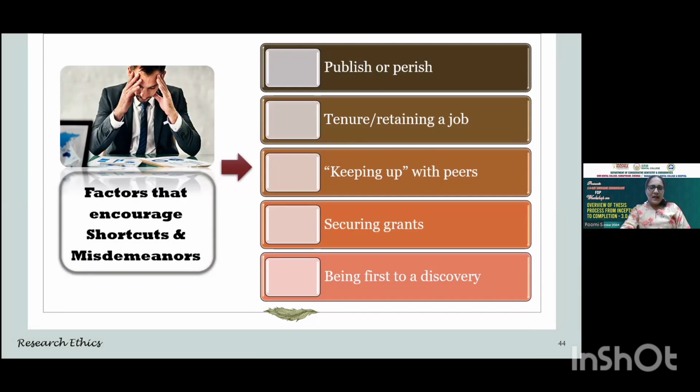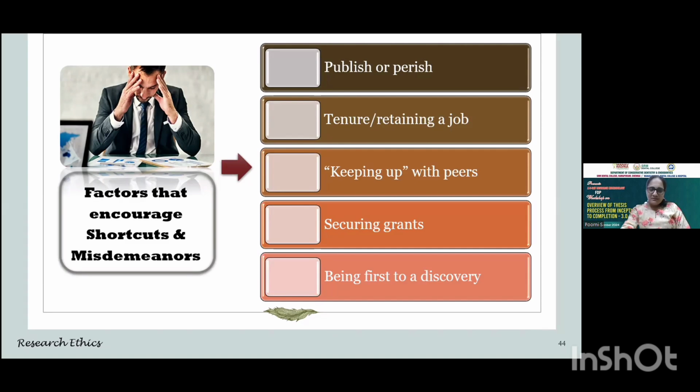Securing grants has now become a very big peer pressure amongst various faculties and the postgraduates, and also the pressure to be the first to discover something or to obtain patents has now become a big pressure from various institutions and peers.